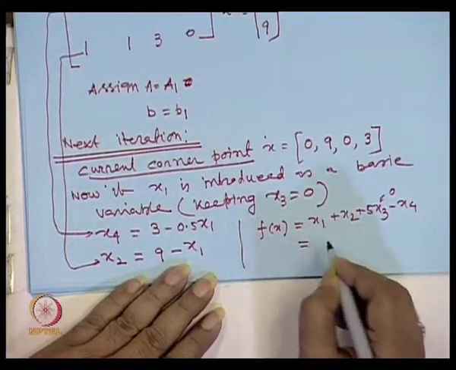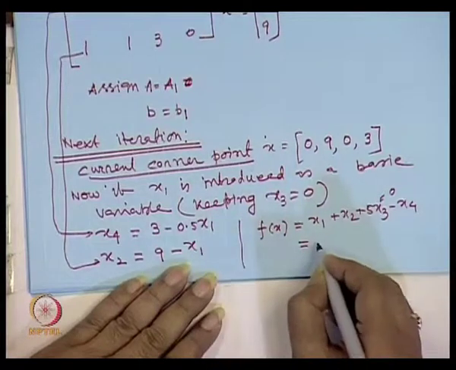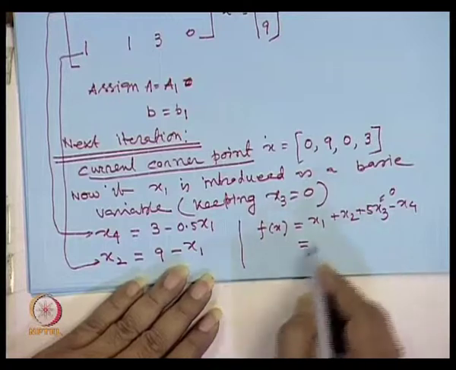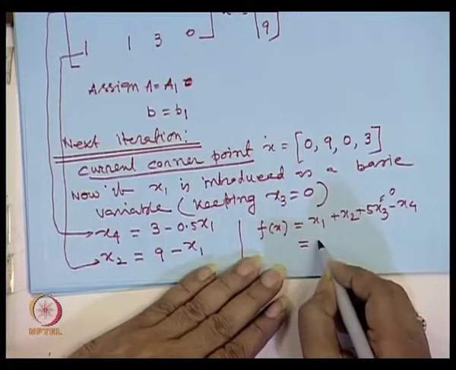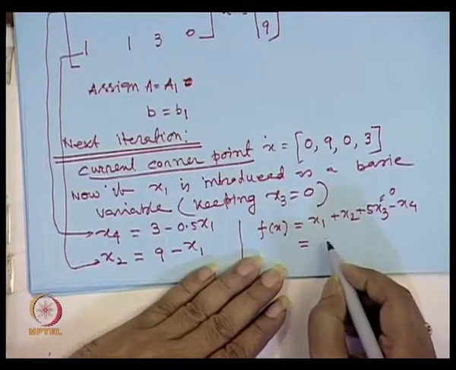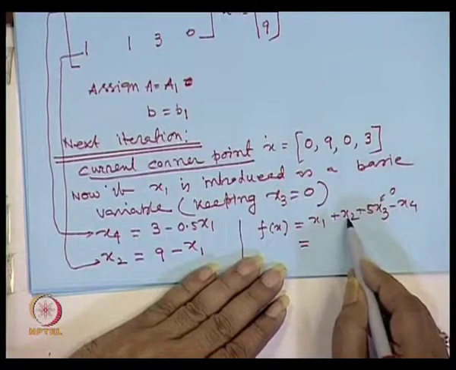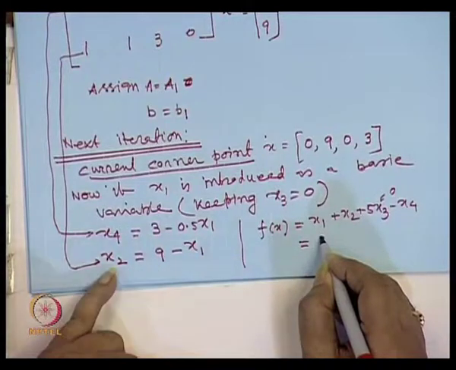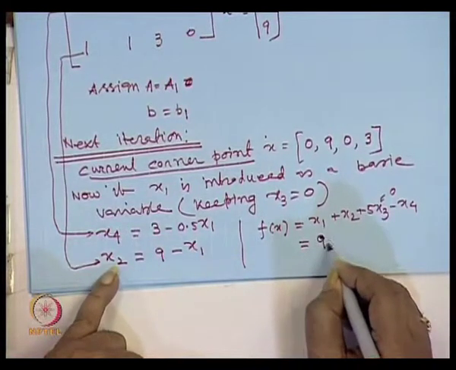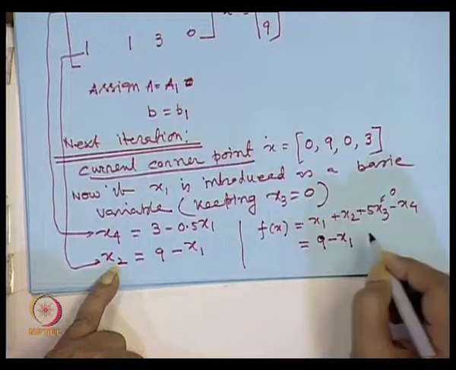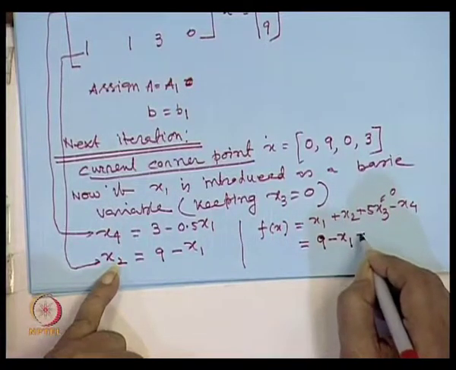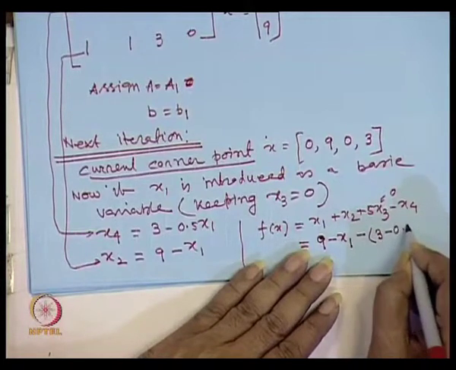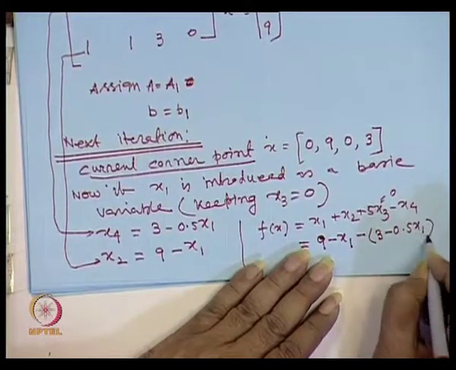So, I will put the x 4 value and the x 2 value in terms of x 1. So, 9 minus x 1, then x 4 value is 3 minus 0.5 x 1.